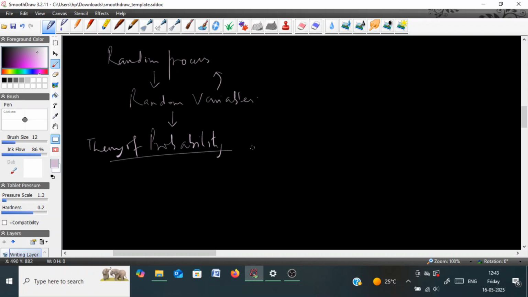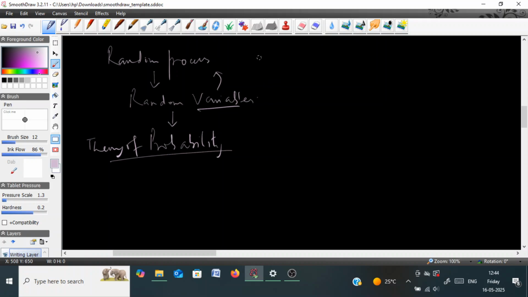Although probability theory is a very basic thing that most of you understand, or you might have studied these topics, random variables or random processes, in mathematics also, we will see how these concepts are used in the estimation of channel noise and in the performance analysis of the communication system in the presence of channel noise.